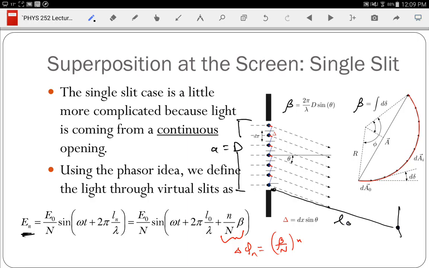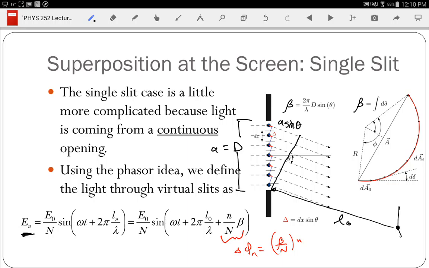Any other point has a longer distance to travel, until the last one up at the top has to travel a maximal distance of, just using your geometry here, a sine theta. That's more.